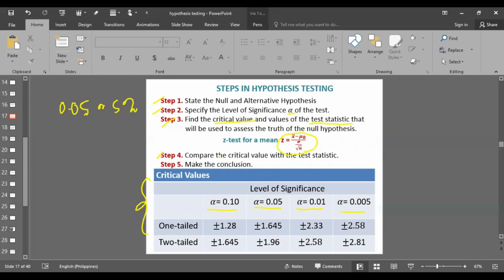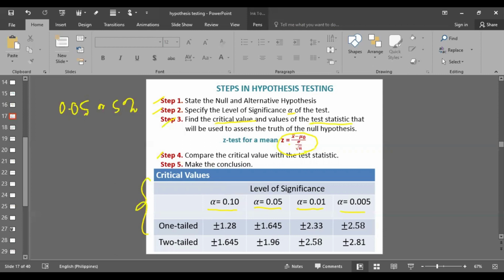Step 4, compare the critical value with the test statistic. So if the test statistic falls within the rejection region or if it reaches or touches the critical value, then we have enough evidence from the sample data to cause us to reject the null hypothesis and conclude that the alternative hypothesis is true.